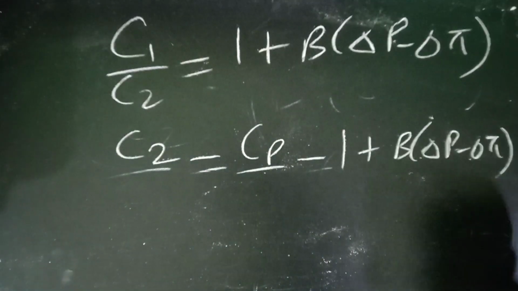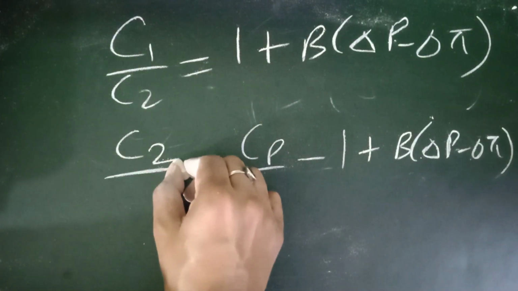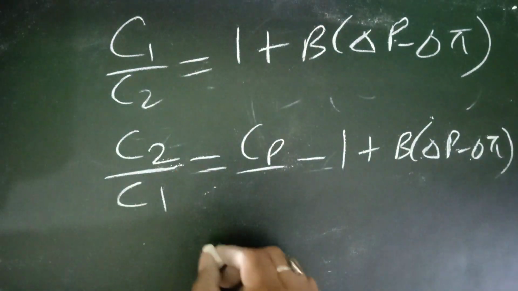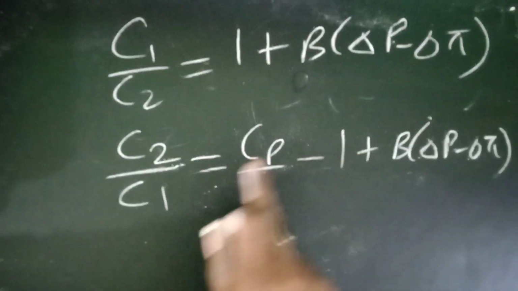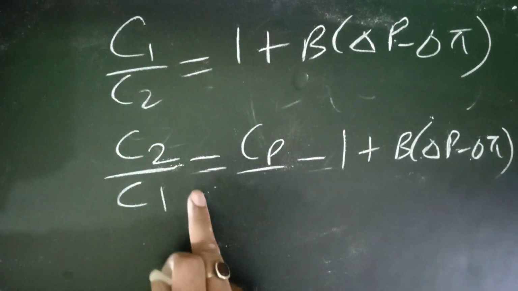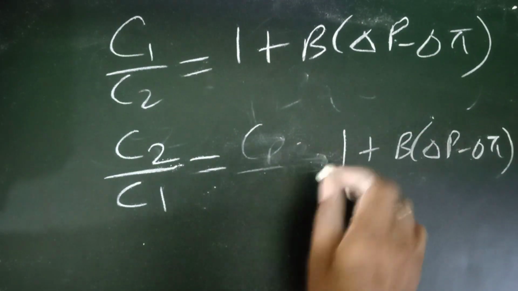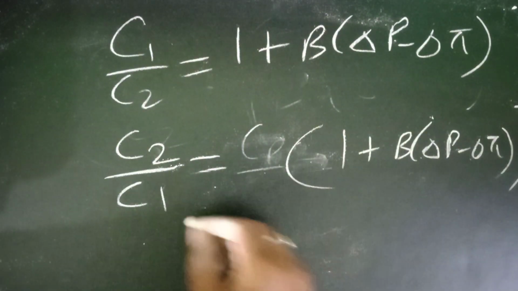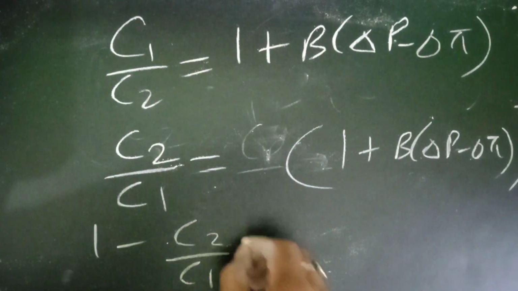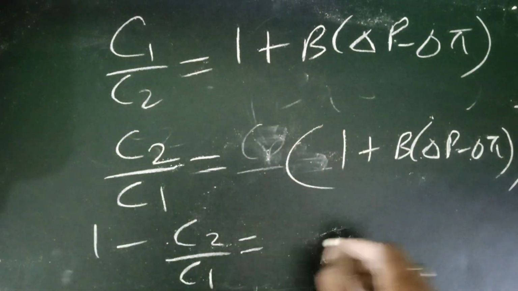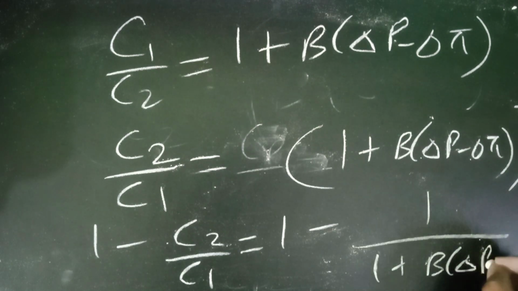So let's take that. We have C2 by C1, and C1 by C2 was 1 plus B delta P minus delta pi. If we take the reciprocal, that means the whole to the power minus 1. Now we need to take 1 minus C2 by C1. This is our R, which is nothing but 1 minus 1 upon 1 plus B delta P minus delta pi.